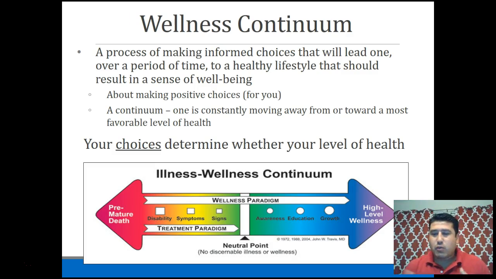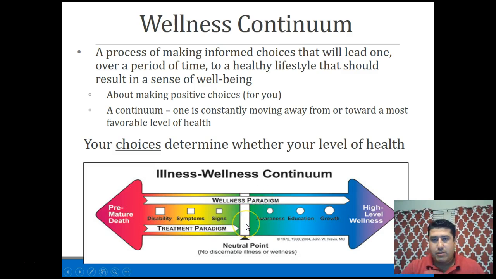Okay. So that was walking down the illness part of the illness-wellness continuum, and the ultimate point is the premature death. Now let's go back to the neutral point and start walking down the wellness portion of the continuum.